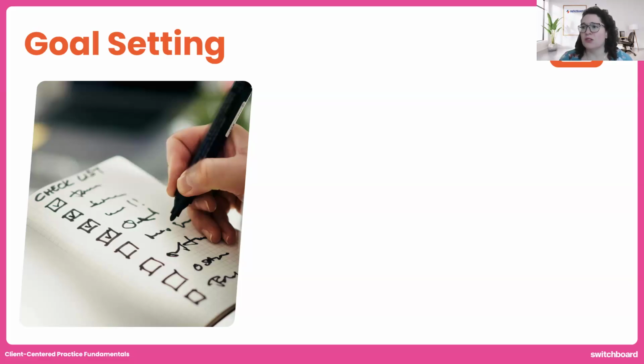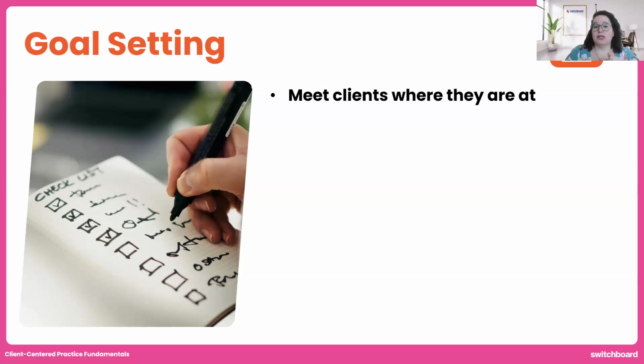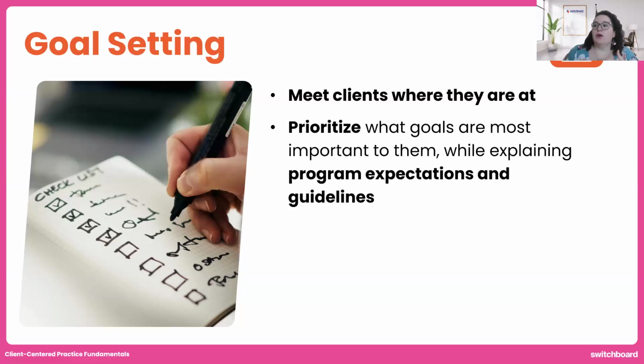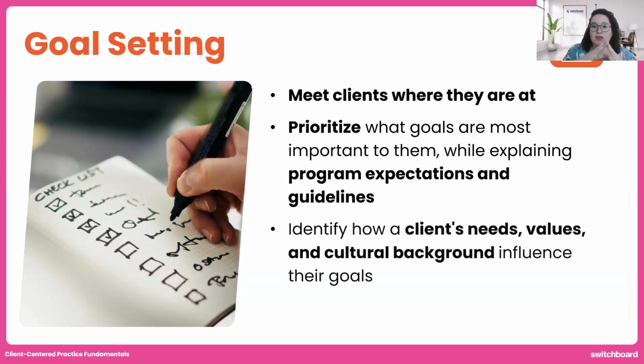As we move into goals, as always, we want to meet clients where they're at, and see what their goals are. What are they ready to talk about? Where are they ready to start? And we want to prioritize what goals are most important to them while explaining program expectations and guidelines. So I know there are things that you're expected to do within your program, trying to align those things with what's important to them when possible.